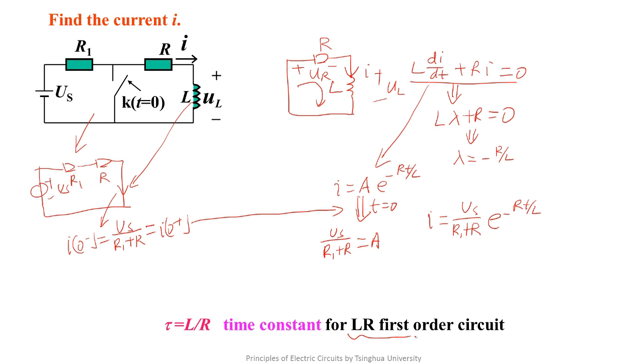Similarly, the time constant for the RL first-order circuit is defined as L over R. By analyzing, you will find its dimension is second.